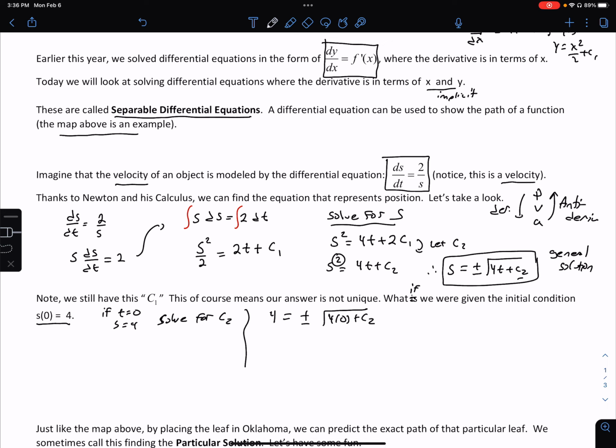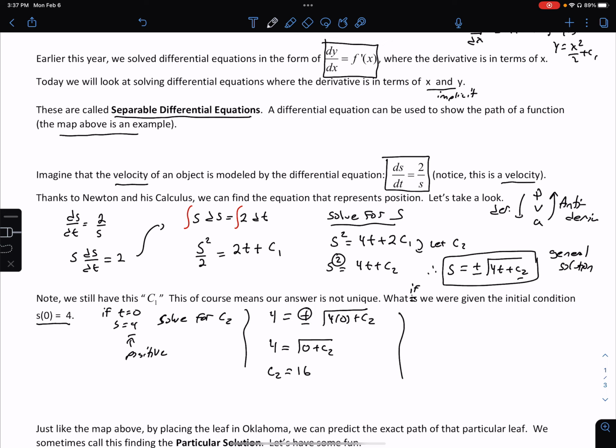Now we are in luck here. Notice my value here is positive. That's a positive value. So which means of my plus or minus right here, I only want the one that's positive. So this is the one I'm going to use. So I could write this as 4 equals the square root of 0 plus c2, or c2 just equals 16.